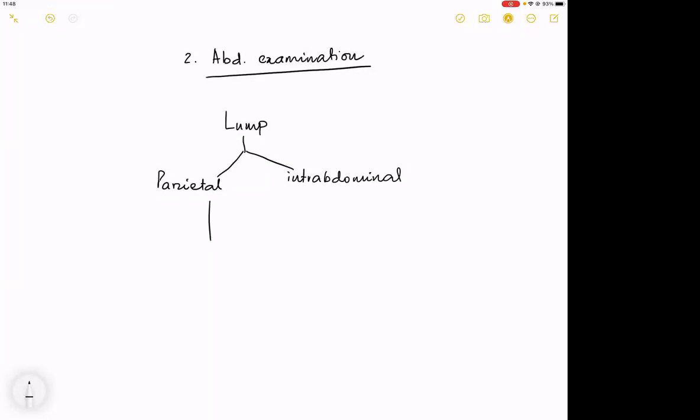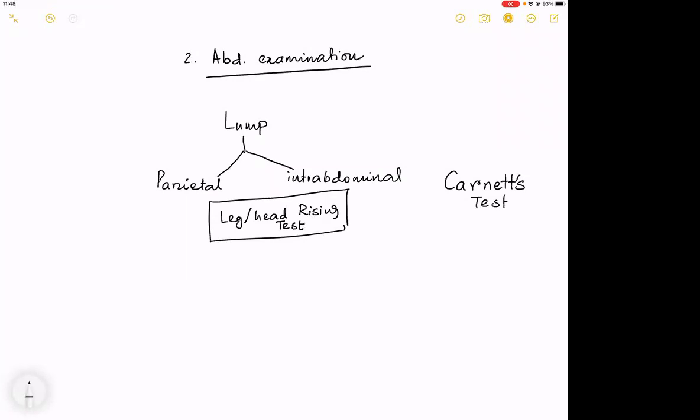The test that you use to distinguish is called the leg or head rising test. Now, this test is mistakenly called in an MBBS examination Carnett's test, which it is not. What is important in this finding is you tell the patient to either raise the head or raise the leg straight.